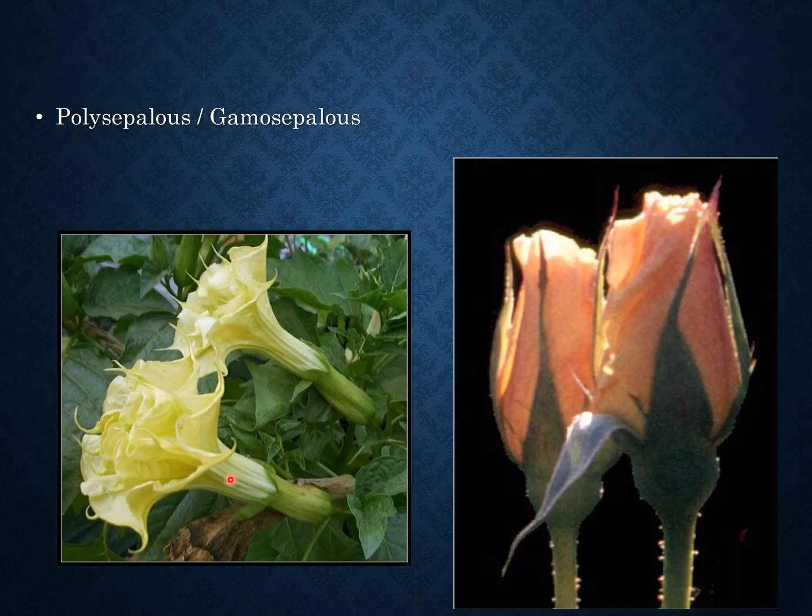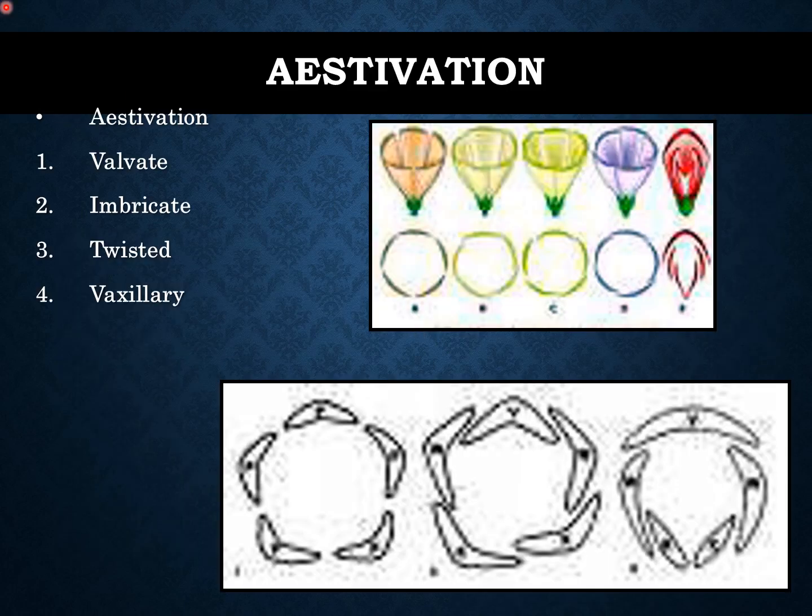Here you can see the gamosepalous and polysepalous conditions. Aestivation can generally be recognized in open flowers, and it is said to be valvate if the margins are not overlapping each other, like this. In this you can see the margins are not overlapping.